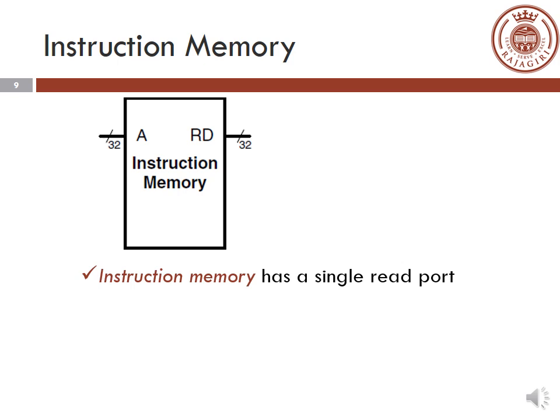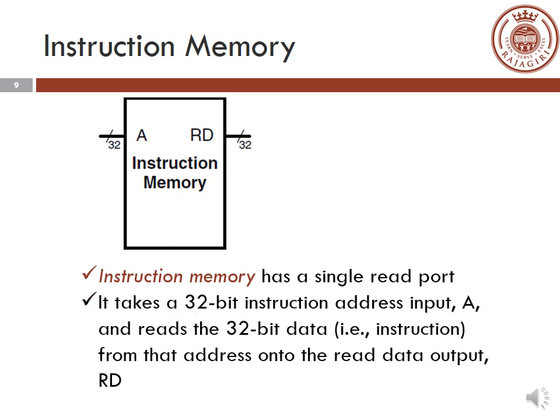It's called the read port, represented by RD, and the address, again 32-bit, is represented by your A port. So you give an address value to this memory and you will get the corresponding data value. So it's basically a single read port. You have only a single port through which you will be reading your data. So that's the idea of your instruction memory, and it stores the instructions of the program which is going to be executed.